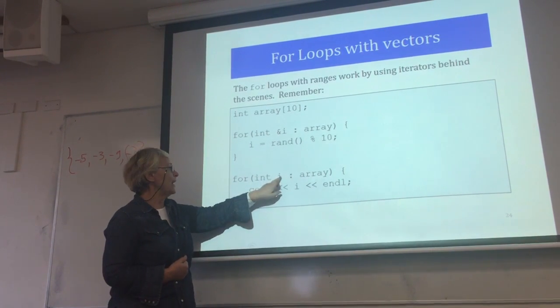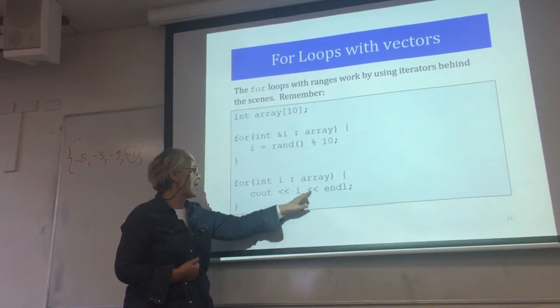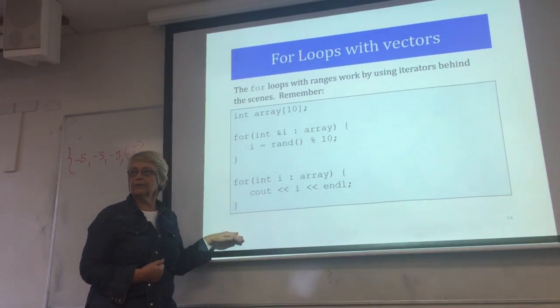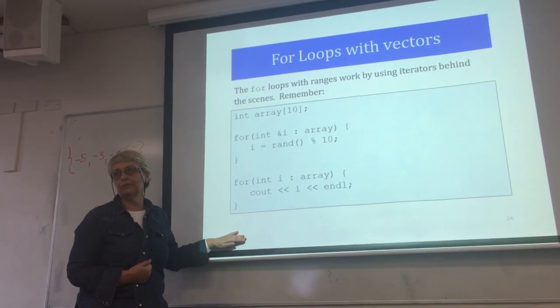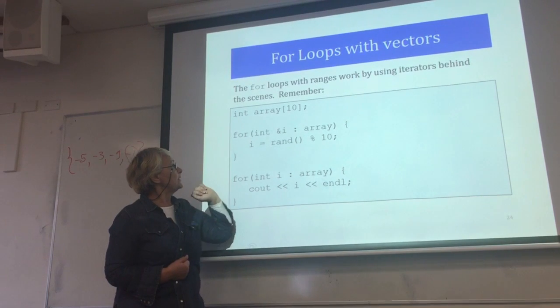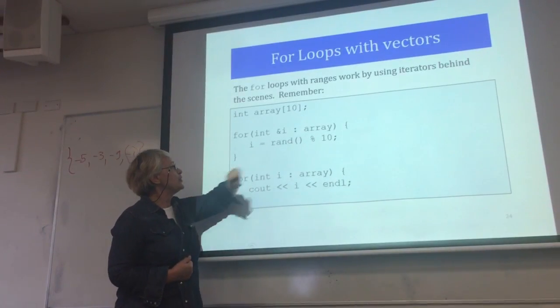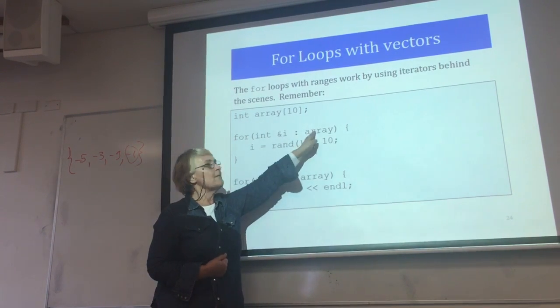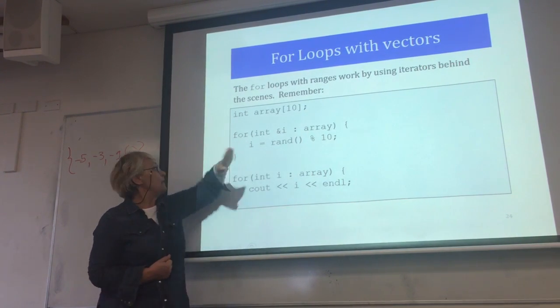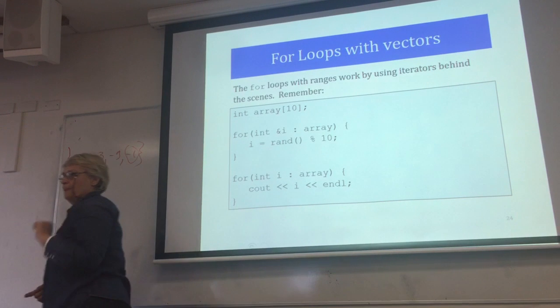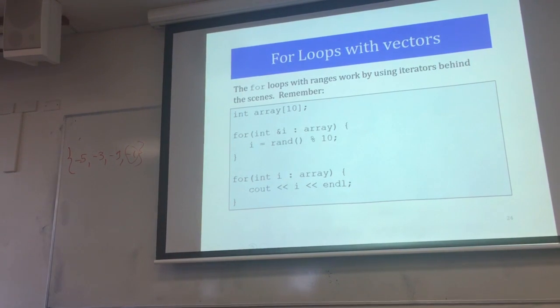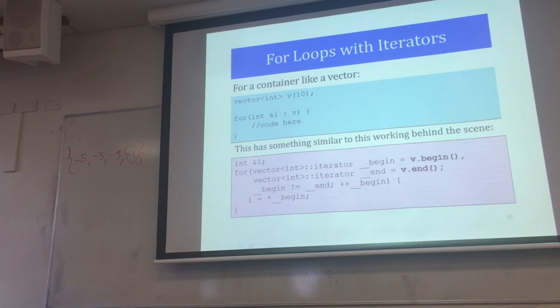If you pass it by value, any changes which are here are not available outside the for loop, to be aware. If you pass it by reference, like here, any changes you do to your elements are available outside the for loop. So with the first for loop, we set up the values in the array, and those values stay there.